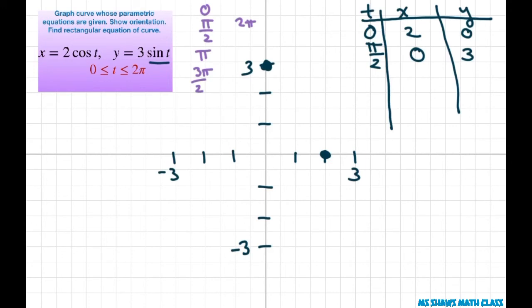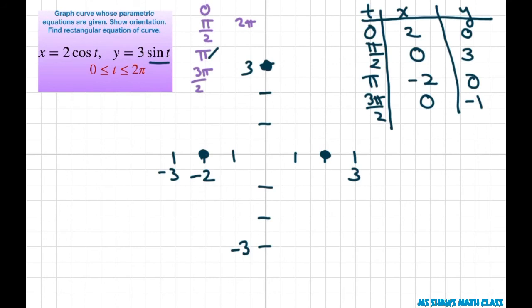Okay, now let's do our pi. Cosine of pi is negative 1 times 2 is negative 2, 0. So that's going to be at negative 2 right here. And then at 3 pi over 2, cosine is 0, but sine is negative 1.